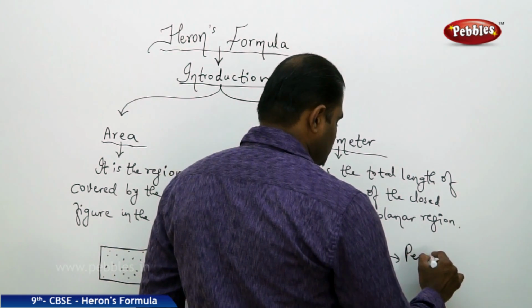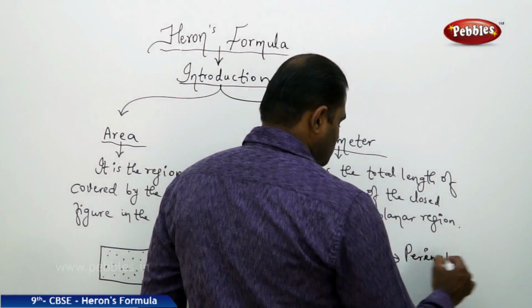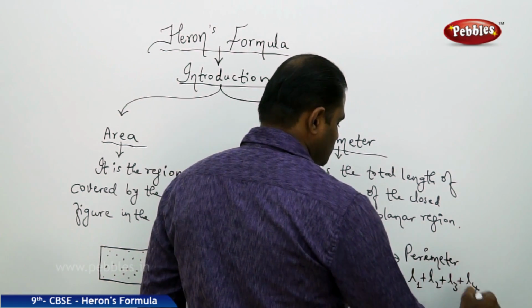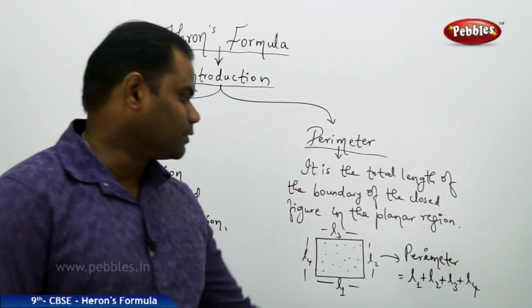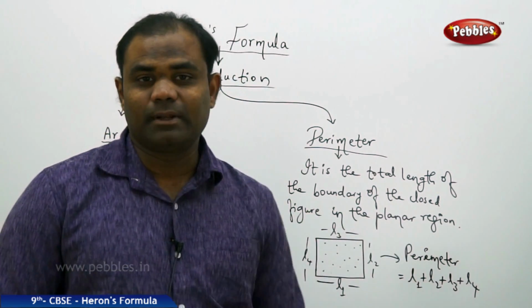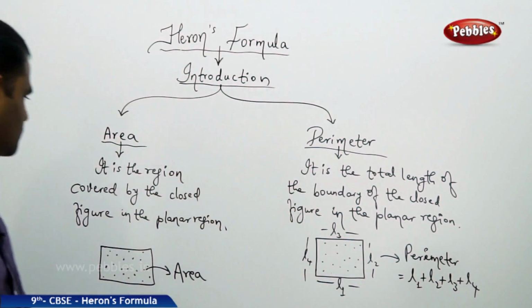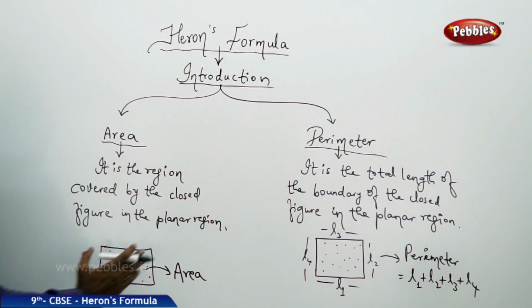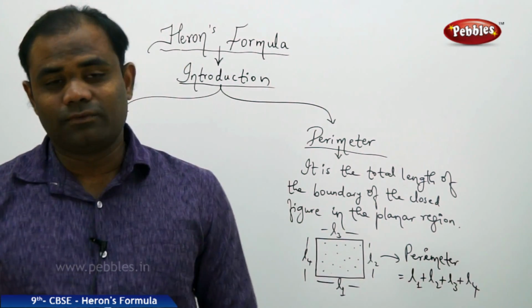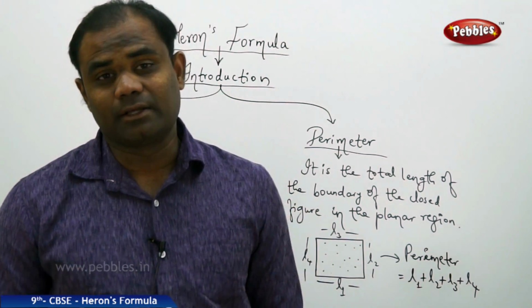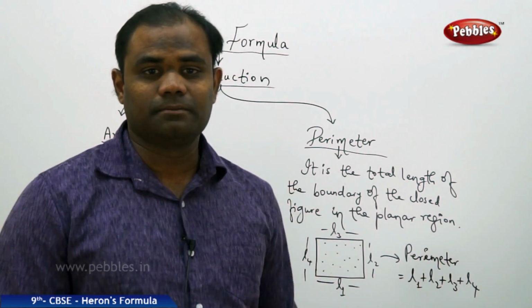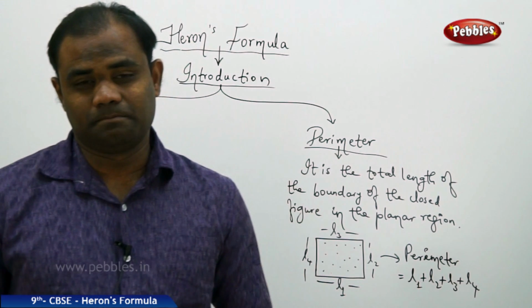Then the perimeter is the sum of all four lengths, L1 plus L2 plus L3 plus L4. The sum of all the lengths of the rectangular plank is nothing but the perimeter. The region covered by the closed figure is called area, and the length of the boundaries is called perimeter. This is how we understand the difference between area and perimeter for a closed figure in the planar region.